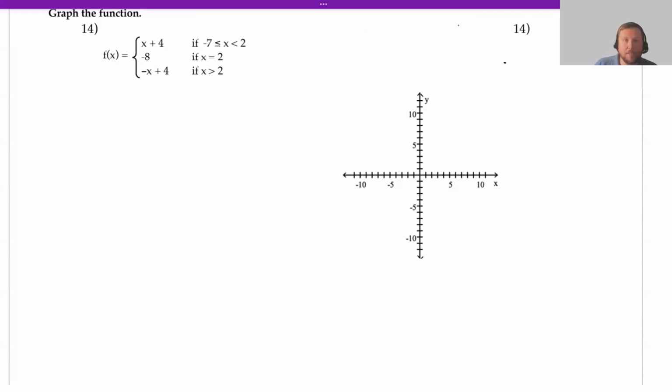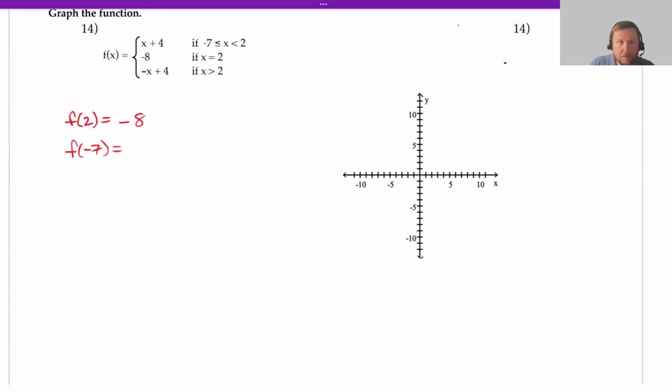One important place we can see is that every piece seems to connect up at 2. So what I first want to do is find f of 2. And if x is equal to 2, then the output of the function is -8. Okay, that looks important. I see one more boundary at -7, so let's go ahead and find f of -7.